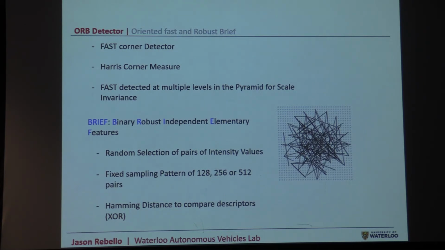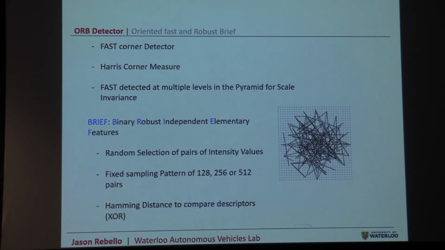What this means is that once I have detected a point of interest over here, I take a patch around this point under consideration. And what BRIEF does is it randomly selects different comparisons. It would take the pixel intensity value over here and the corresponding endpoint of that particular line, and see whether this pixel value is lighter or darker.